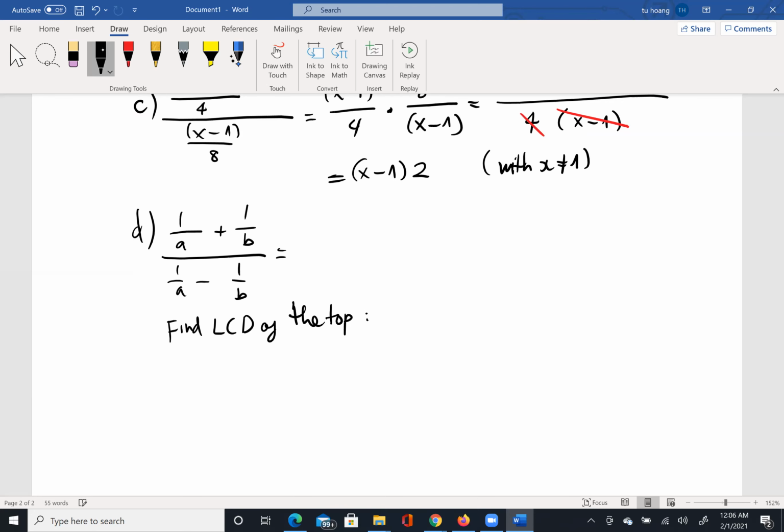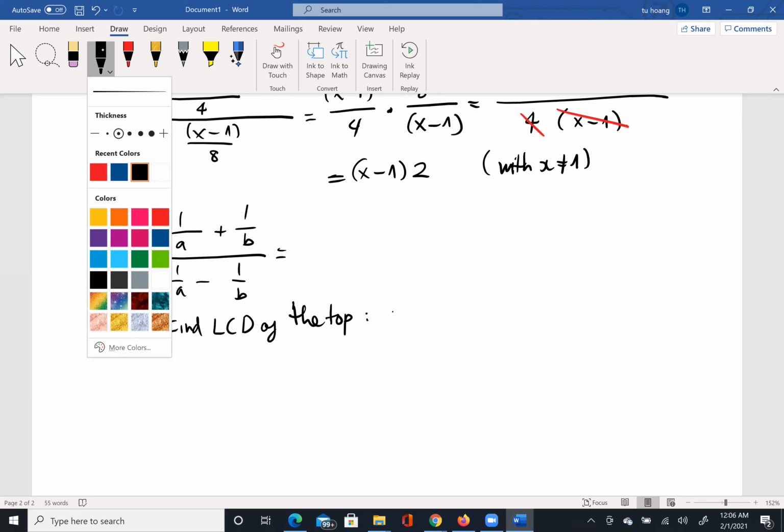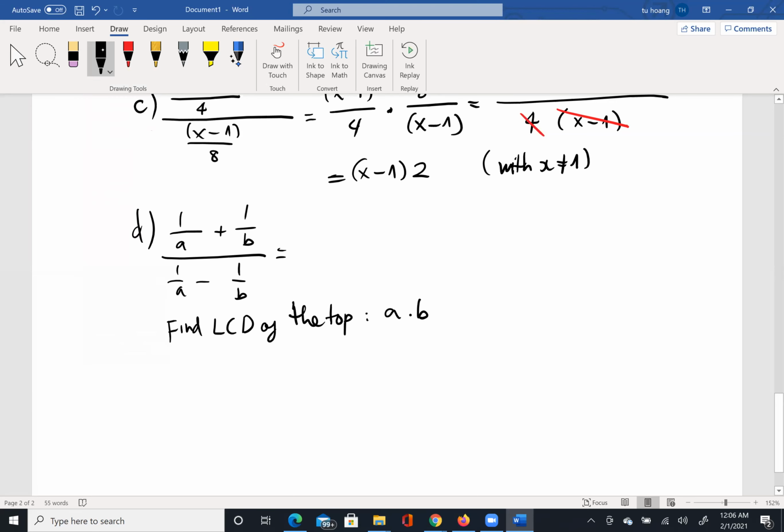The width is a times b, right? Because a is just a, and b is just b. You cannot find a common factor, so the LCD should be a times b.